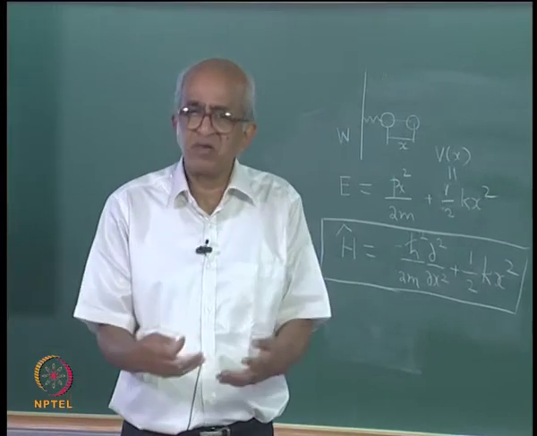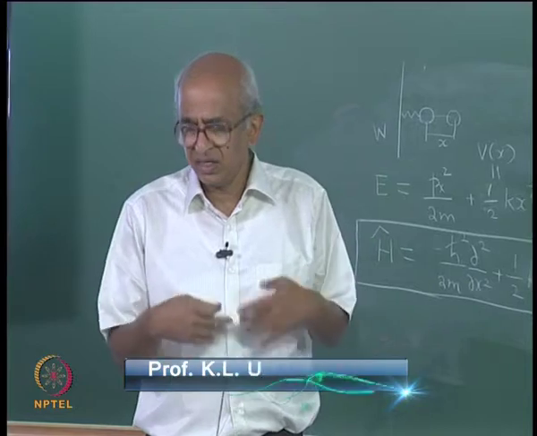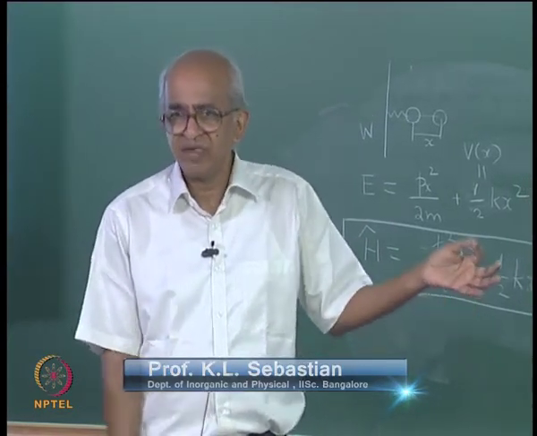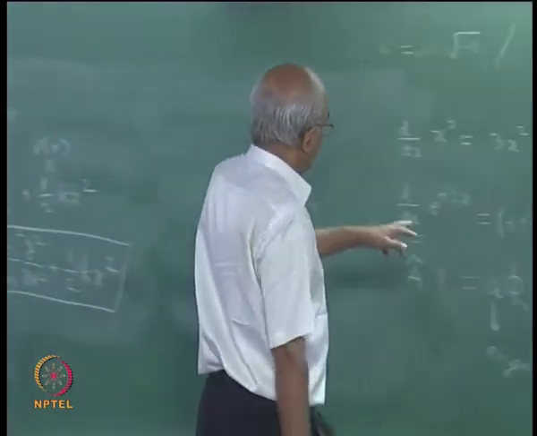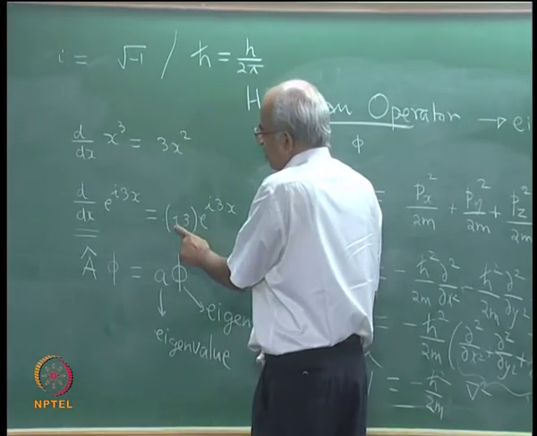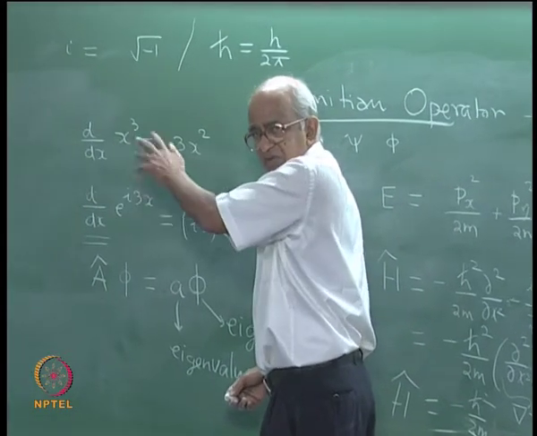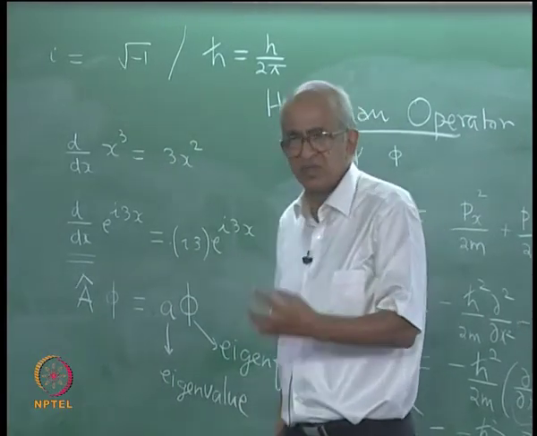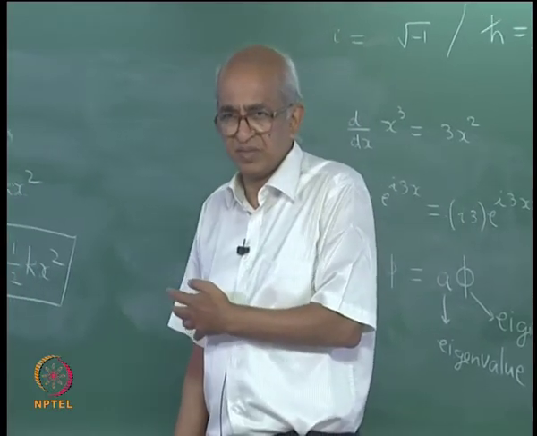So, it is possible for a given operator to have a large number of eigenfunctions, and each eigenfunction has its own associated eigenvalue. In this case, of course, the eigenvalue is actually a complex number: i into 3 or i into 4 or i into 5, depending upon which function you consider. Strictly speaking, it happens to be a purely imaginary number.